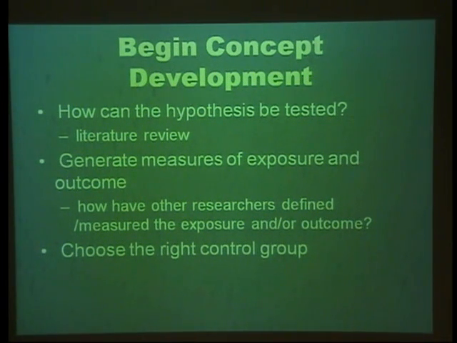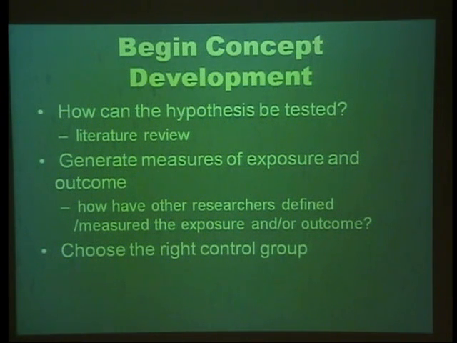So we may want to show that patients given a cord blood transplant have a 30% higher survival than patients that were given some other type of transplant. So that would be the objective. An aim would be simply to show that cord blood transplants do better than others, or equivalent, or whatever.